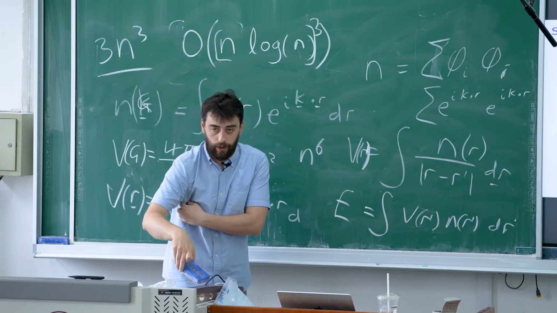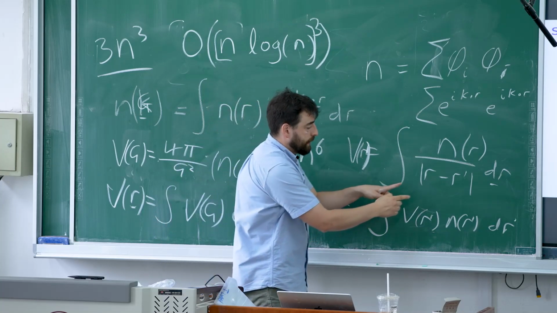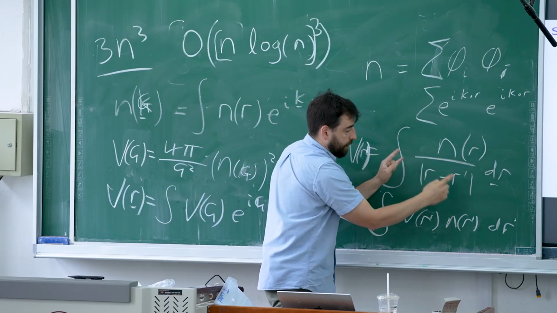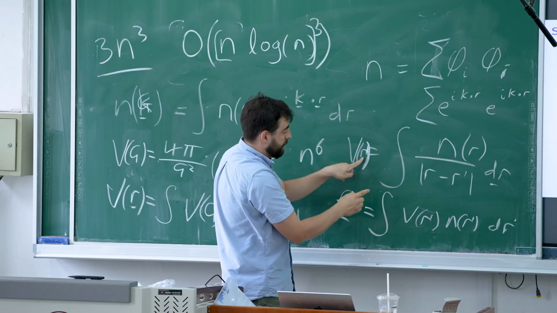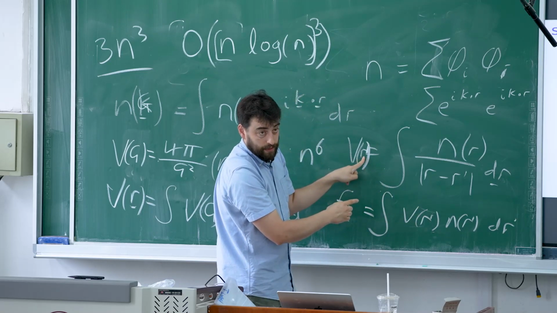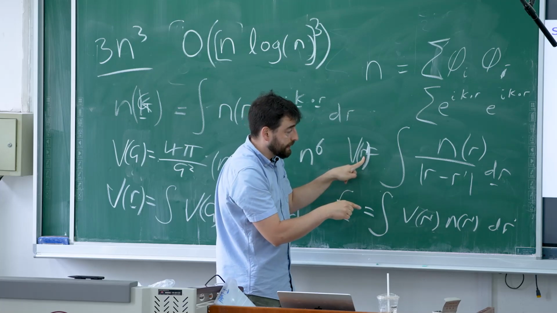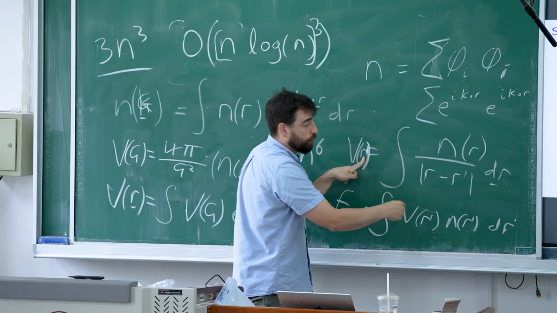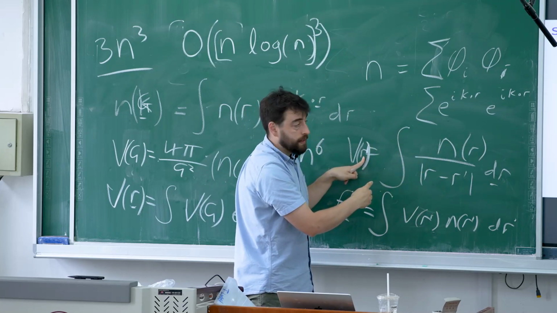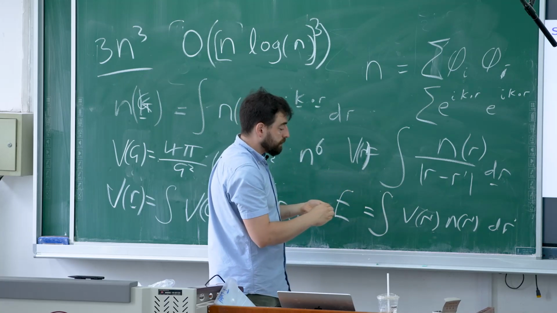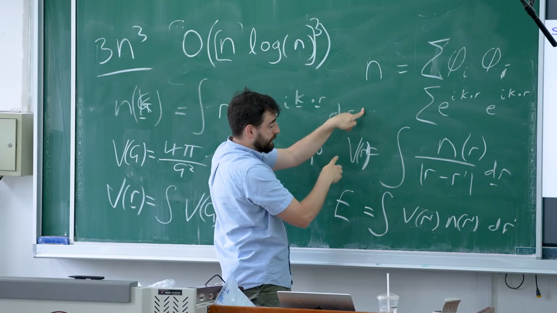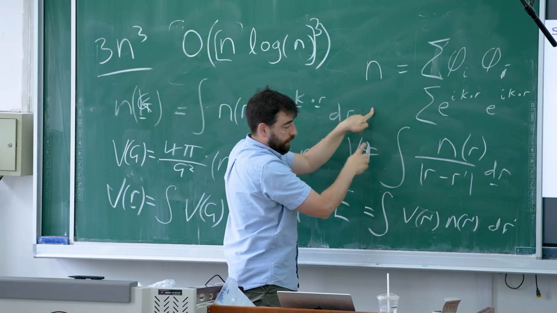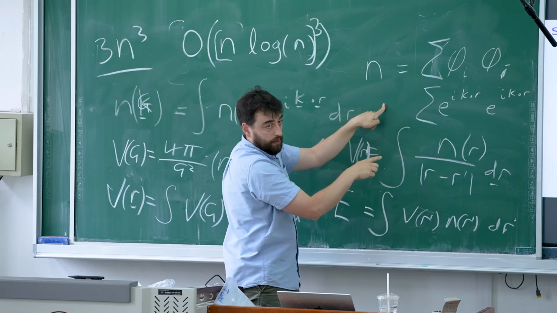I don't think I explained it very well, but the point is, this integral is over R, okay? And the output argument is R primed. So for every R primed in space, I need to do this whole integral over all of space. Then the next point, whole integral over all space.